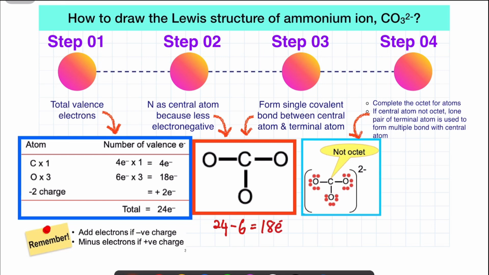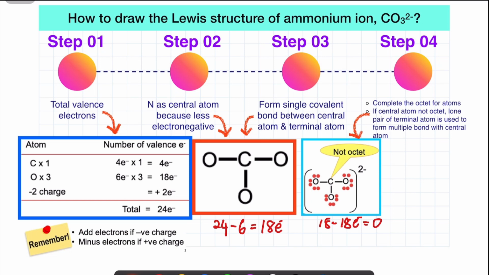And these 18 electrons, because each oxygen has 3 lone pairs, the total on 3 oxygens is 18. So 18 minus 18, no more electrons that you have to put at the center.